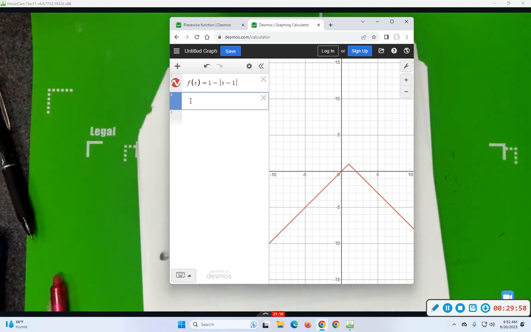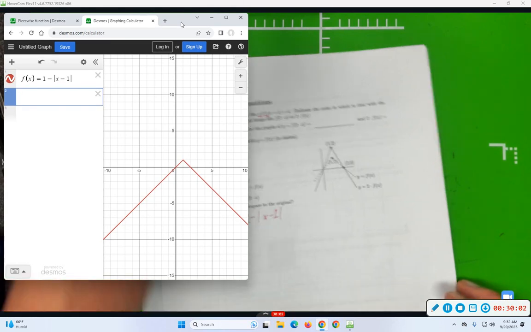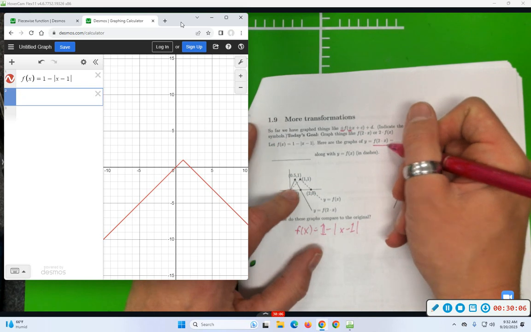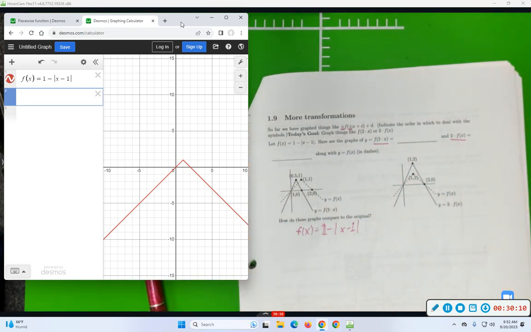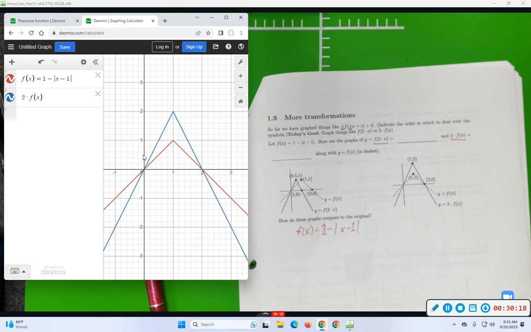Let's look at that and see how the graphs of f of 2 times x and 2 times f of x look. And maybe let's start with this, because doing things outside of the parentheses usually behaves the most intuitively.